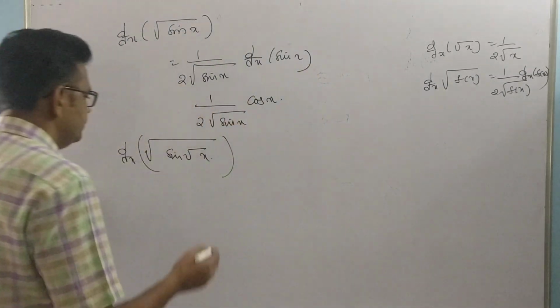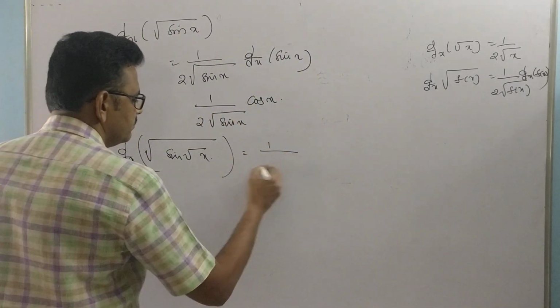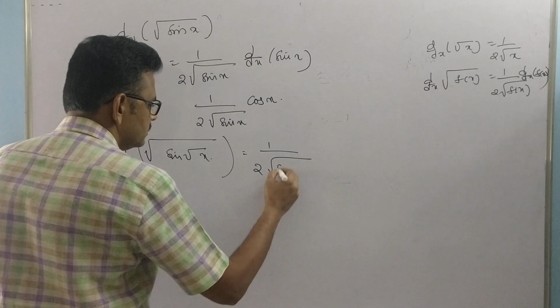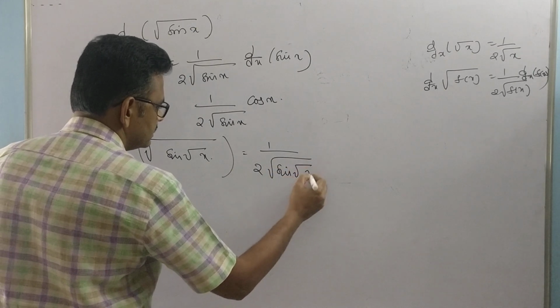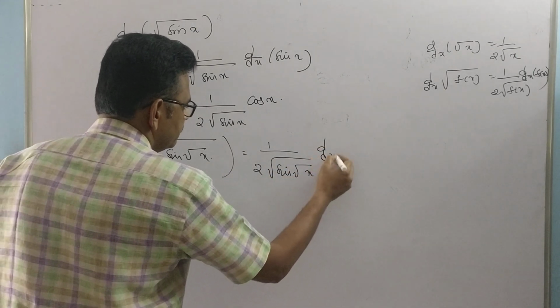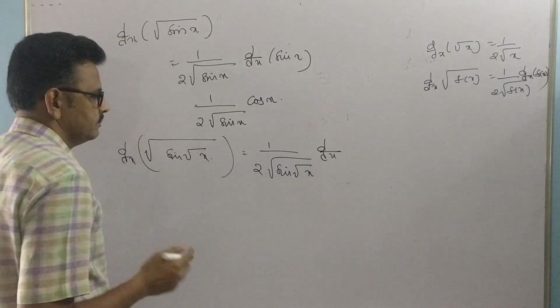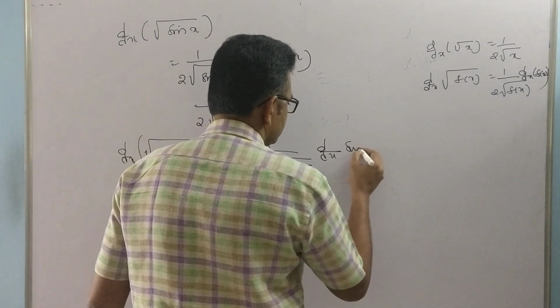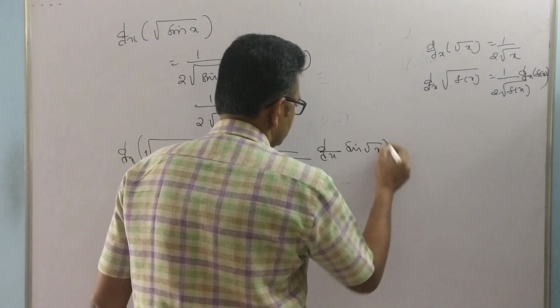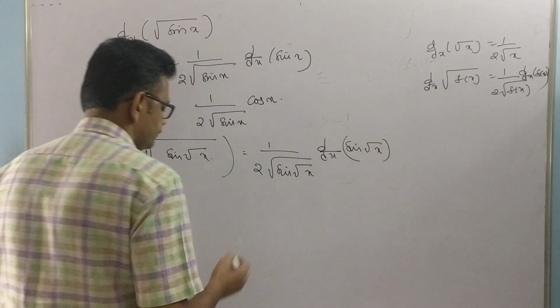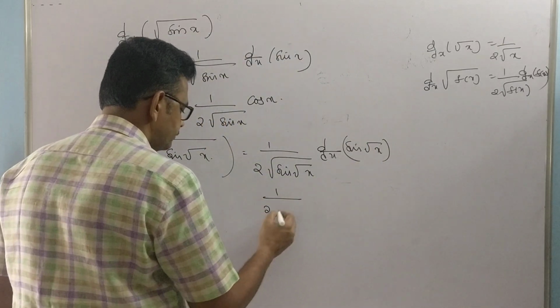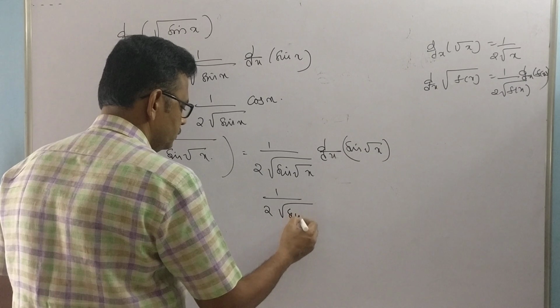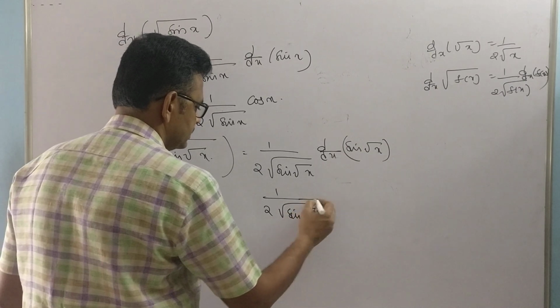So derivative of root x is what? 1 by 2 root sin of root x into derivative of sin of root x.